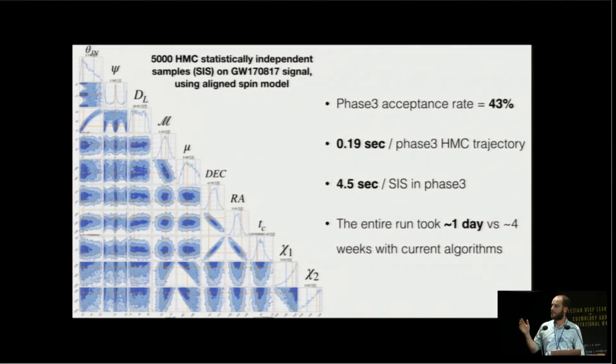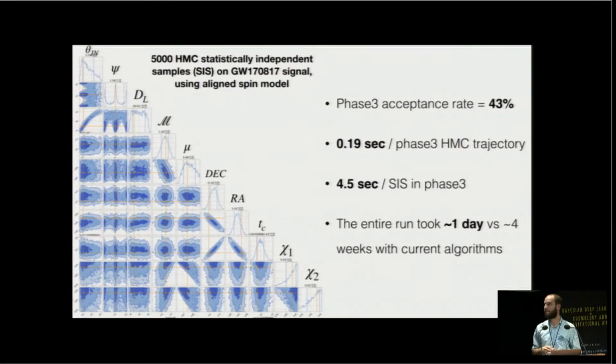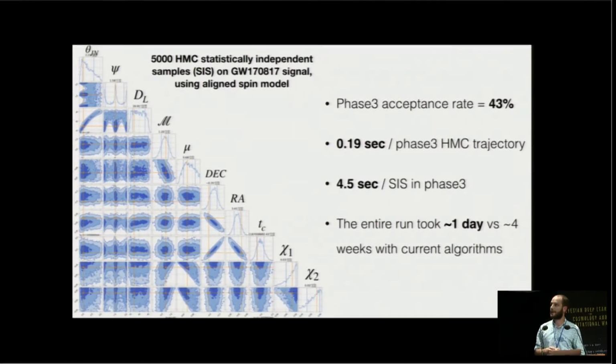And so in the end, the whole run took 1 day. That's compared with about 4 weeks that the current algorithms are taking. So that's our competitive HMC. And so it's already quite a nice improvement, because we've built something that's like 30 times faster than the current parallel tempered MCMC.